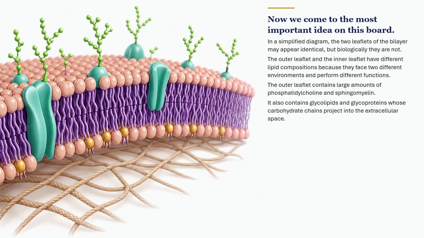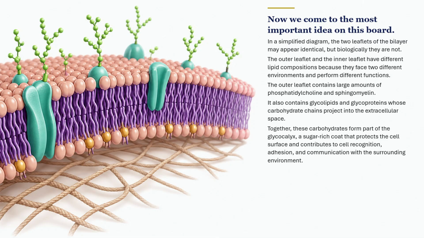It also contains glycolipids and glycoproteins, whose carbohydrate chains project into the extracellular space. Together, these carbohydrates form part of the glycocalyx, a sugar-rich coat that protects the cell surface and contributes to cell recognition, adhesion, and communication with the surrounding environment.